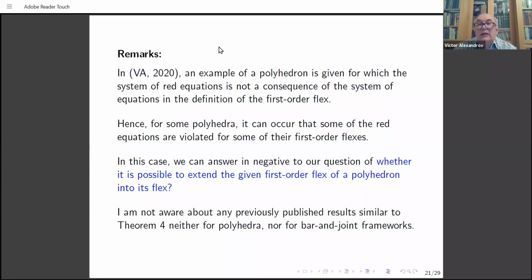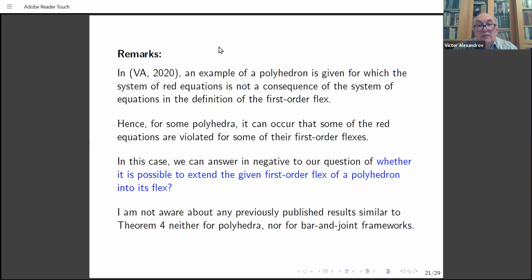This is what I mean when I say that red equations are new. Hence, for some polyhedron, it can occur that some of the red equations are violated for some of its first order flexes.